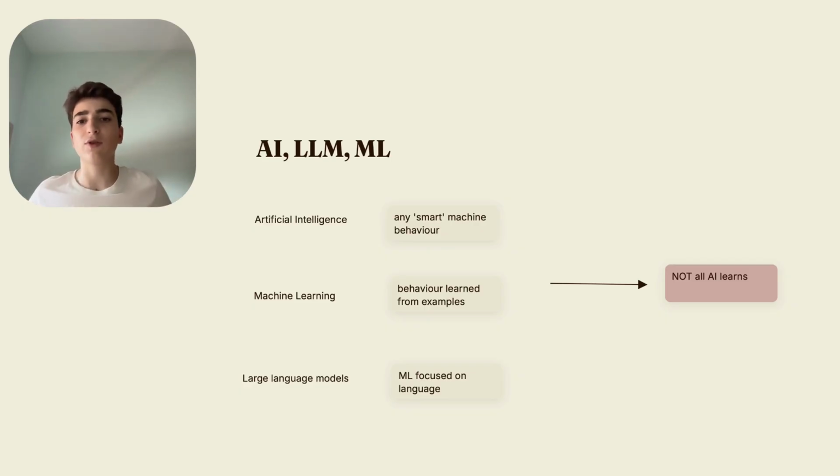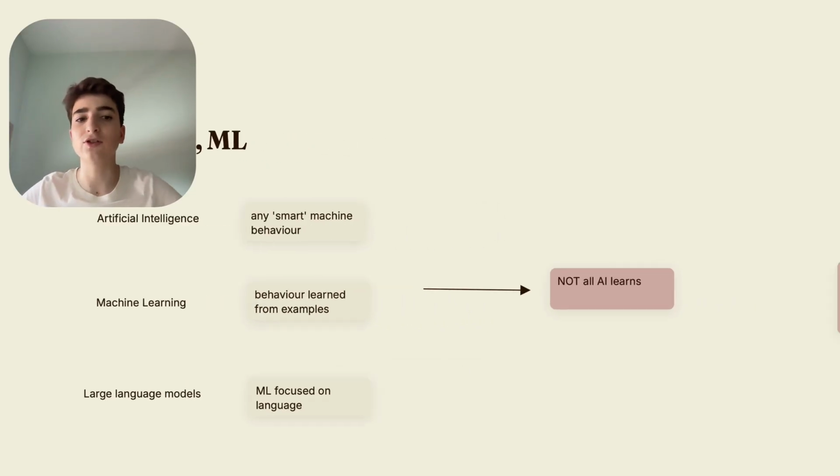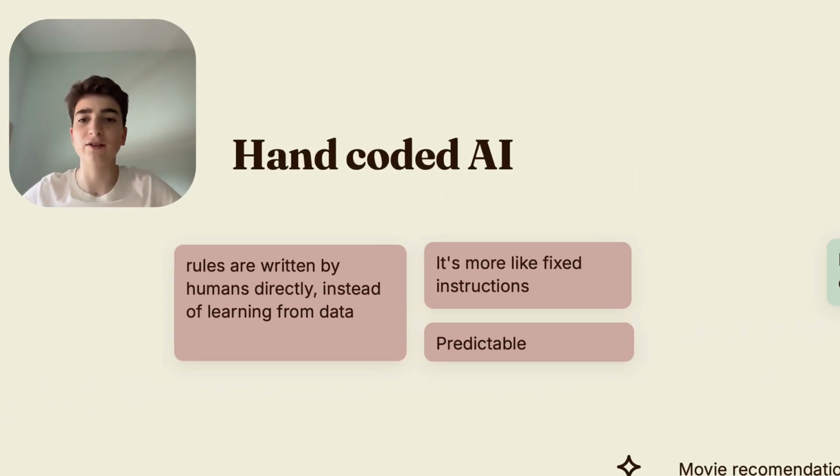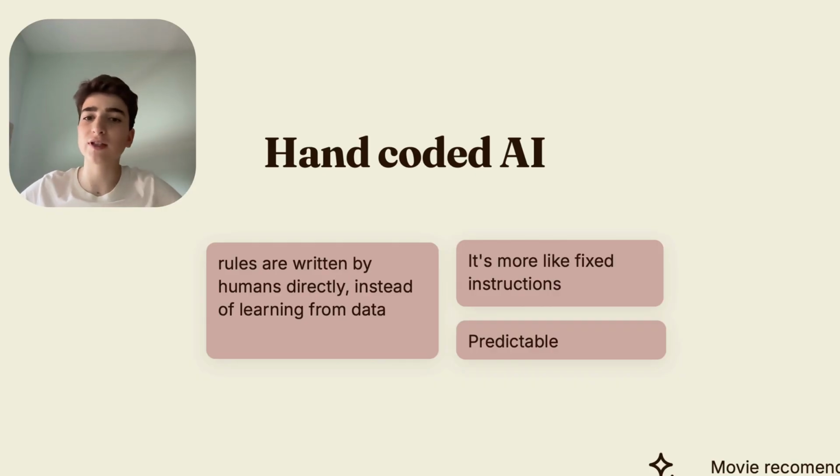With all these three different concepts, AI, LLM, and machine learning, all this doesn't mean that AI learns, because that's a different thing. First we need to distinguish between hand-coded AI and machine learning. So first, hand-coded AI.